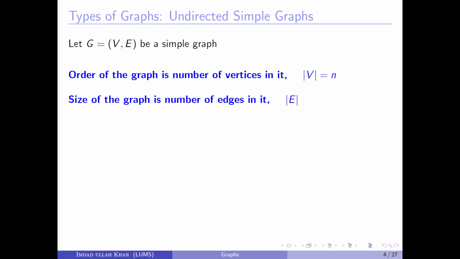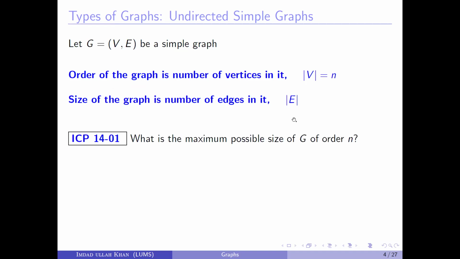The order of the graph is the number of vertices. So the cardinality of set V is n. We call it the order of the graph. The second term which we use in graphs is the number of edges, essentially the cardinality of the set E. So the first ICP for this session: what is the maximum possible size of G of order n?